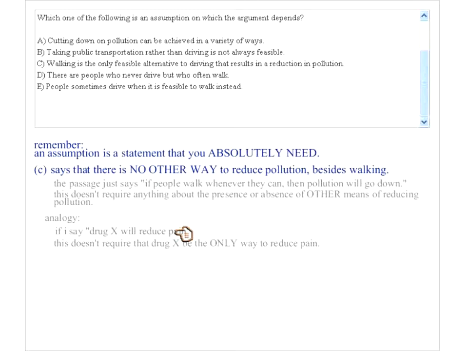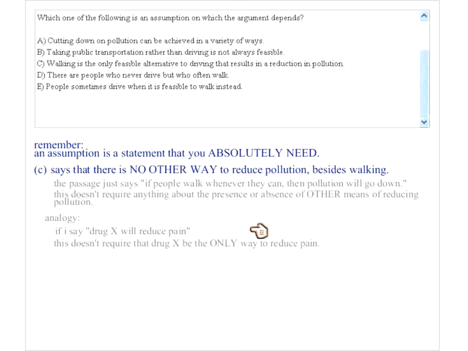All that matters is what drug X does or doesn't do. Same sort of thing. Right? This argument is only concerned with what walking does versus what walking doesn't do. If there are other ways to reduce pollution, they're irrelevant to this argument in the same way that other ways of reducing pain would be irrelevant to this argument. Okay, give me a smiley face if you guys understand why choice C is incorrect.